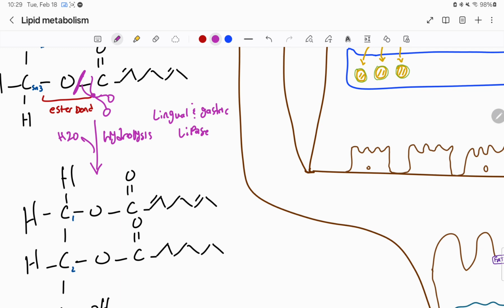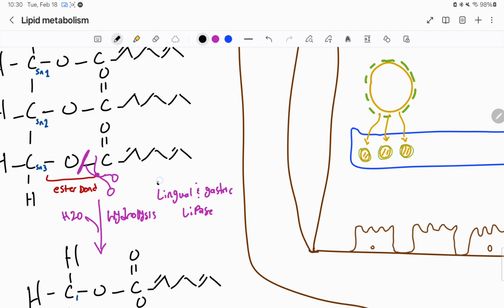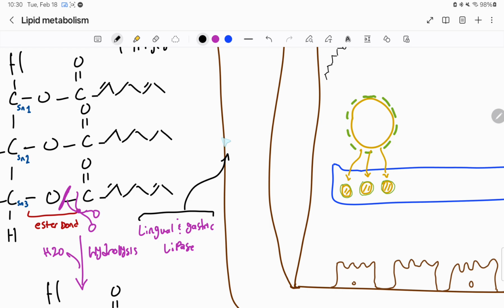Now, something very cool about this lingual lipase and gastric lipase is that they both act on the triacylglycerols that contain medium chain or short chain fatty acids.